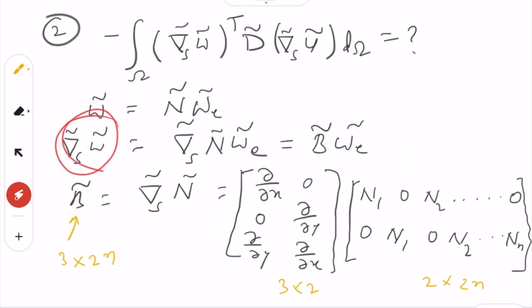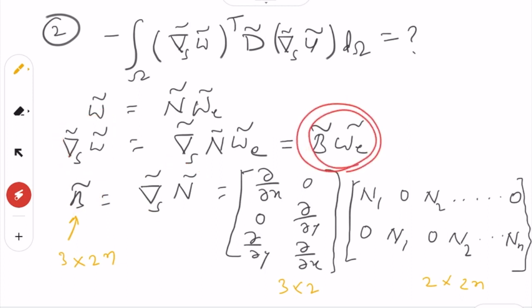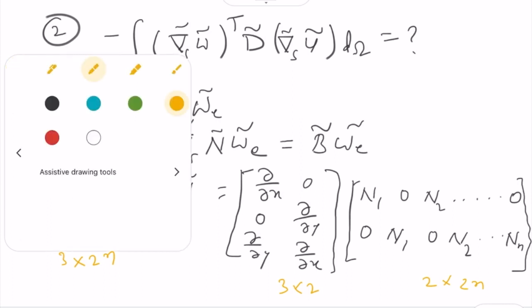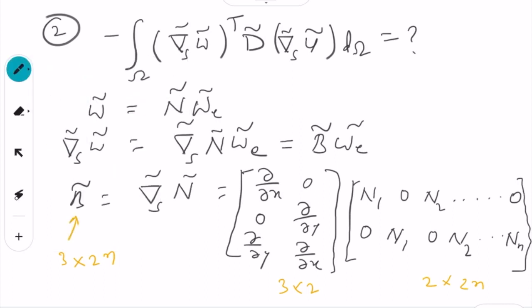So this whole thing is B W E, so we will put here B W E. Similarly, the way we have worked for W, similarly we can also write U is equal to N W U E, big U E, like this.